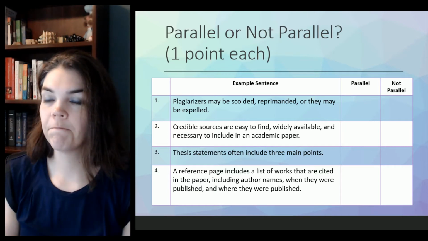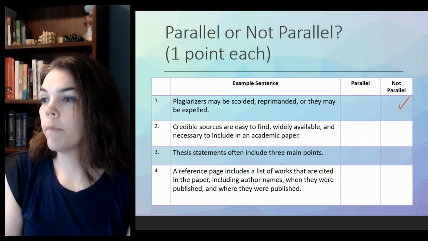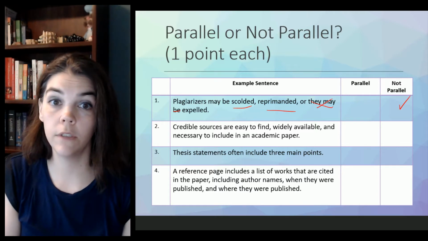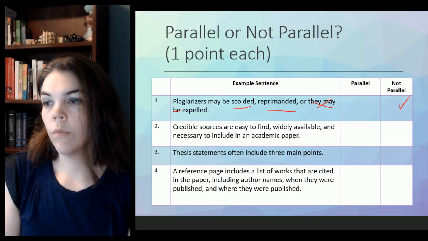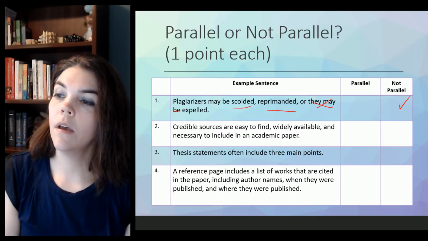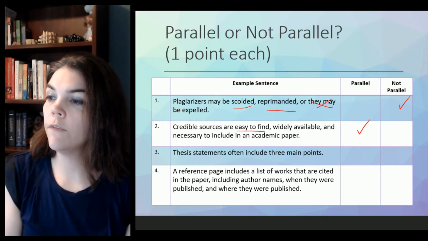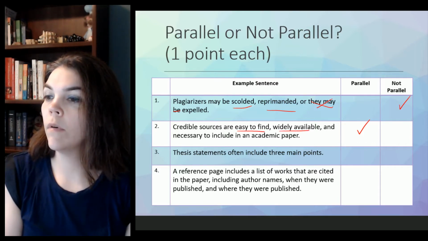You ready? All right. The first one is not parallel. Okay, we see scolded, reprimanded, and then we should take that out and just say expelled. Number 2. Thoughts? This is parallel. We have easy to find, widely available, necessary to include.